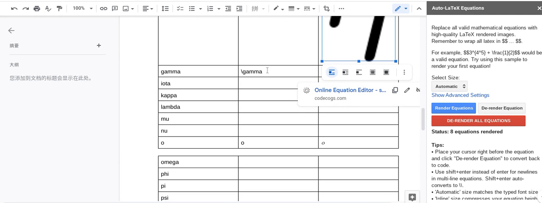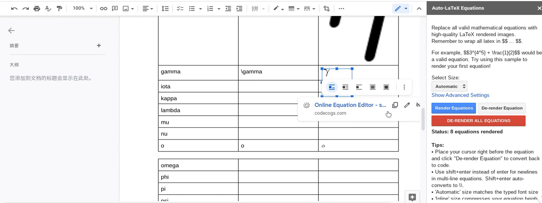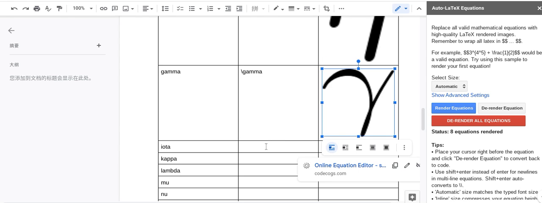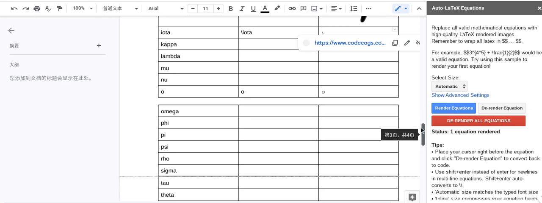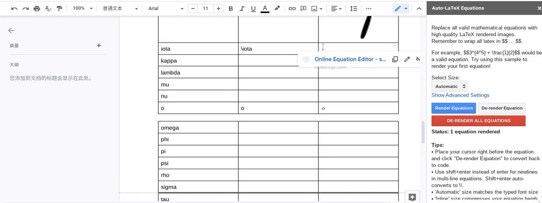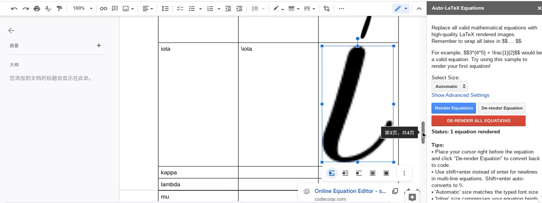And then this one is a gamma. Next one, iota. Basically, you do the same thing as this, and then it will show iota. Let me put it a bit larger. It looks something like this.